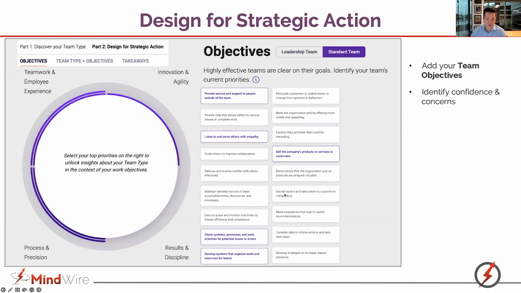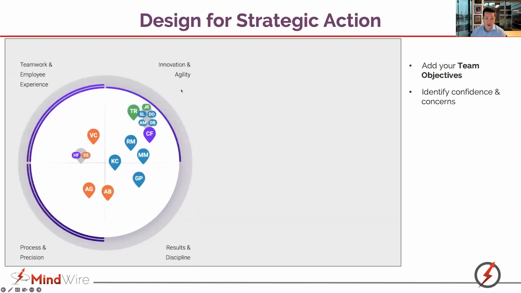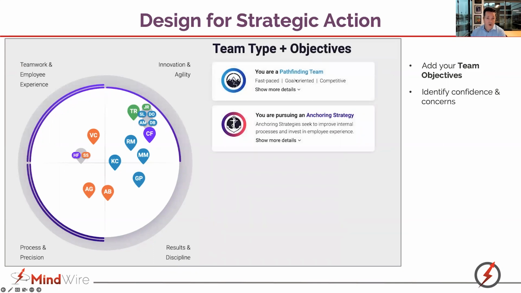So when you select your 3 to 5 objectives or things you need to be good at, you push another button in the software, right? And what it will now do is say, ooh, you're a pathfinding team, but given the objectives or stuff you need to be good at, you chose, you're actually pursuing this kind of strategy.